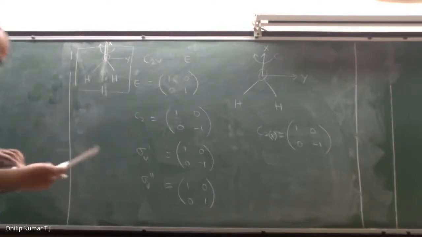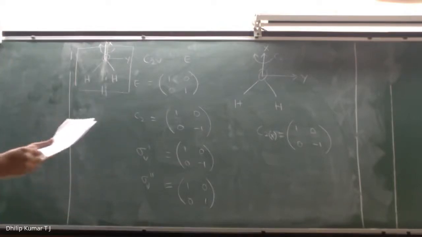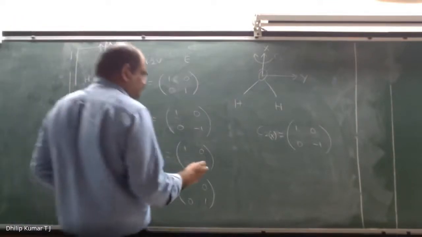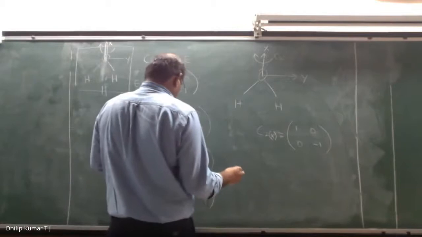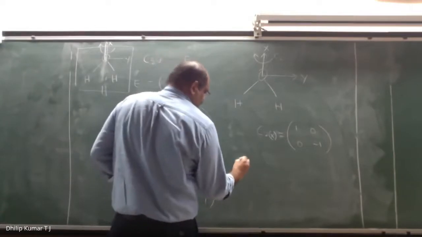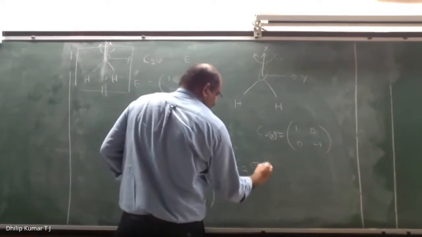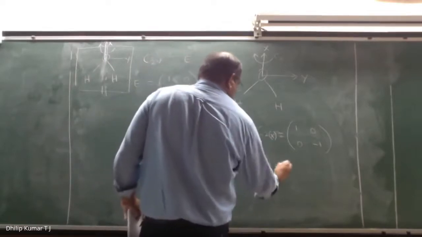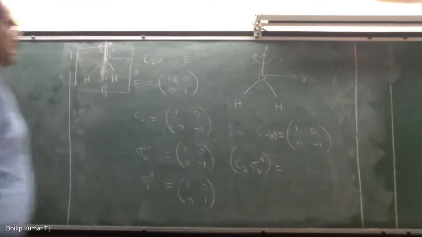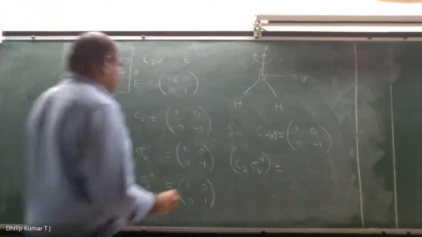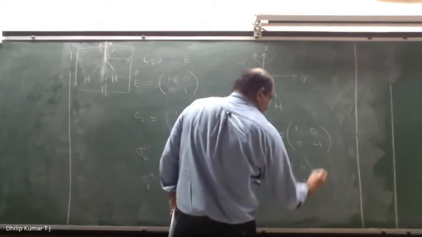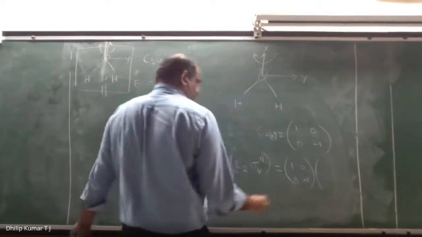So let me check one example. Say if you take C2 and sigma v double prime, you take the product. C2 is 1, 0, 0, minus 1, and sigma v double prime is 1, 0, 0, 1.